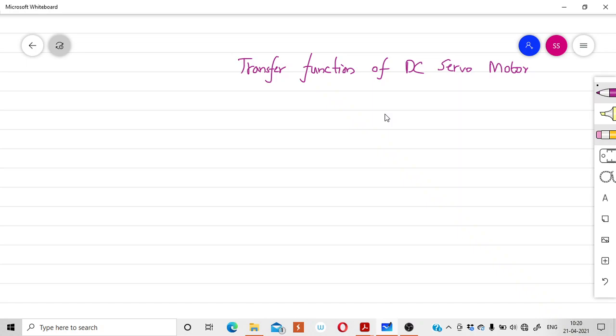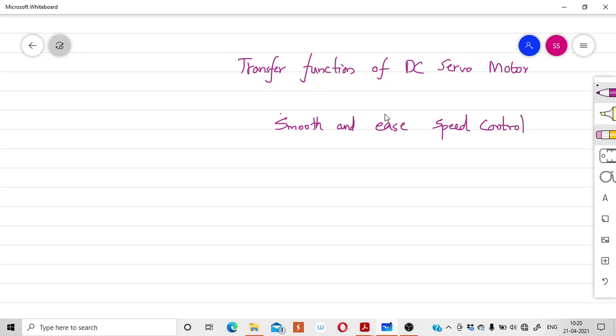initial starting torque required is high, and speed control is very smooth and easy.